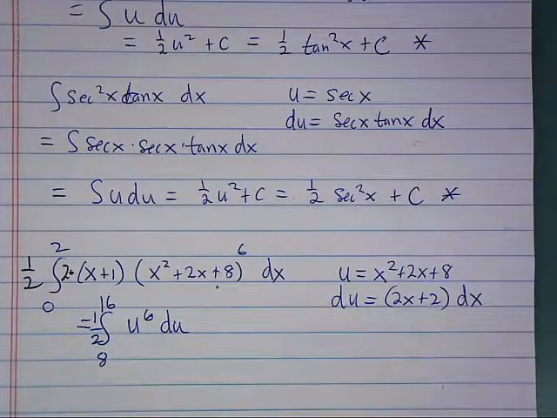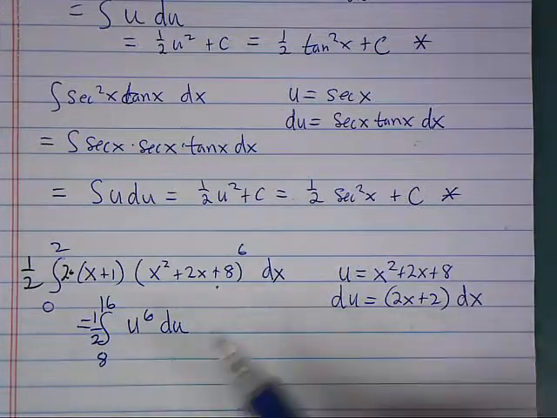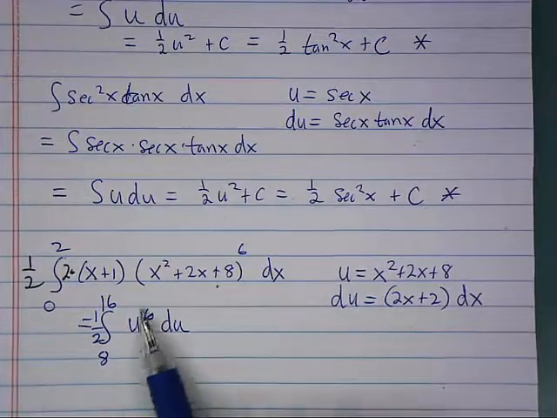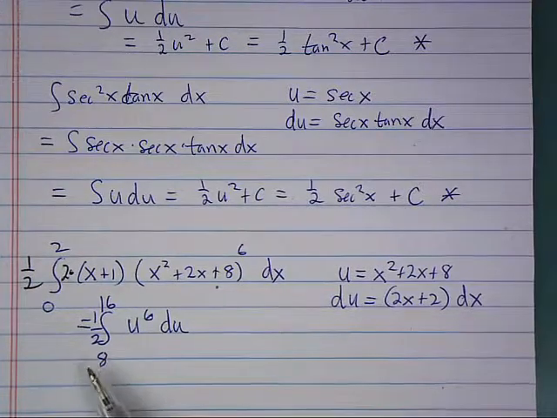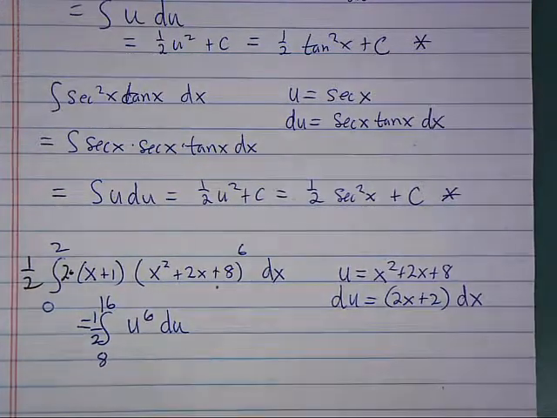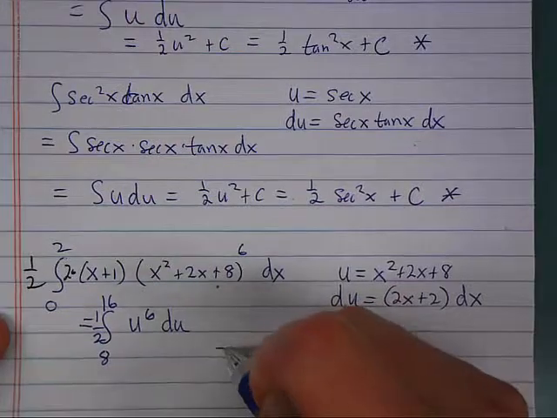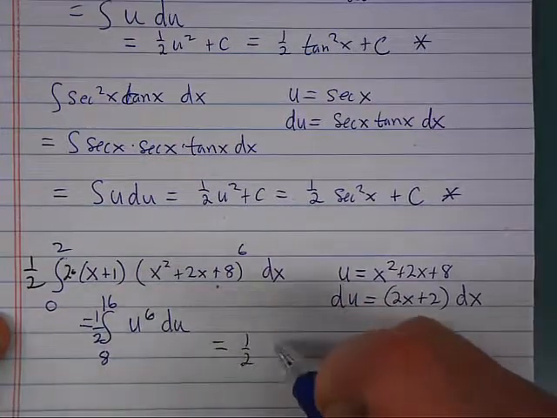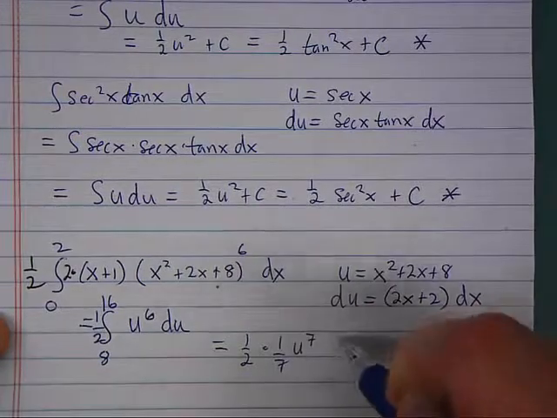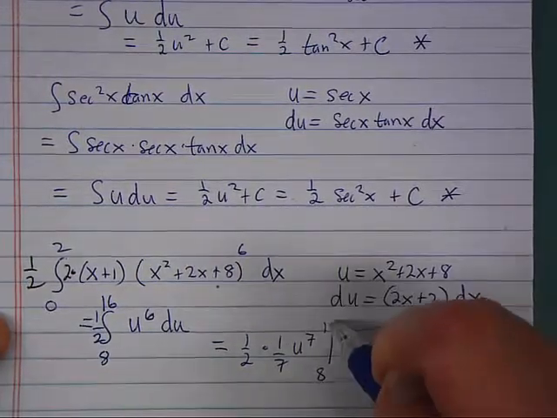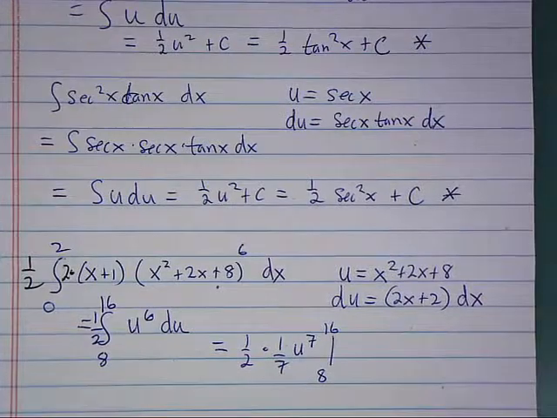So when you do U substitution on a definite integral, not only do you change your letters, you also change your numbers. Watch out for that. That's something a lot of people forget to do. I find the antiderivative: the 1/2 is still there, 1/7 u to the 7th, and I'm using the numbers 8 and 16 now.